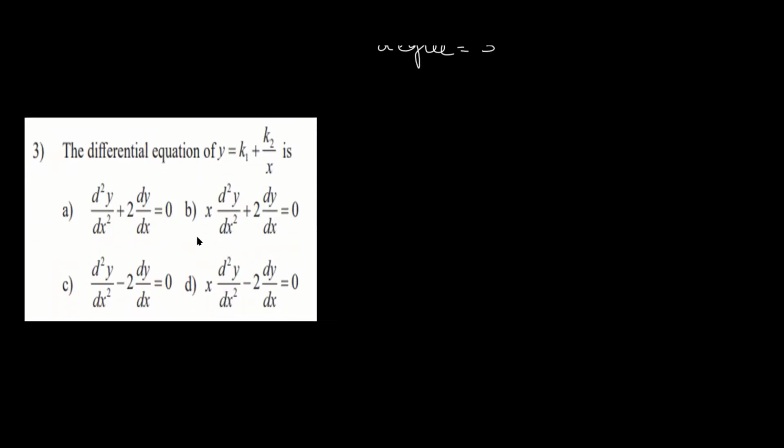Now moving on to the third question. The differential equation of y is equal to k1 plus k2 upon x. We have to find the differential equation of this particular equation. So the given equation is y is equal to k1 plus k2 upon x.